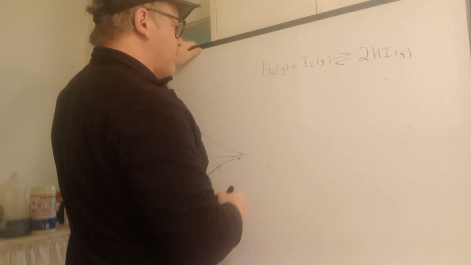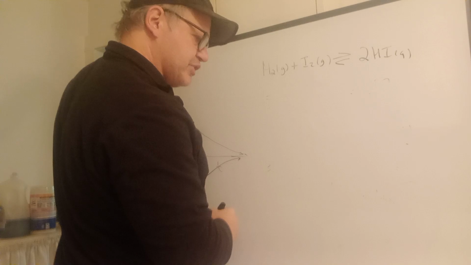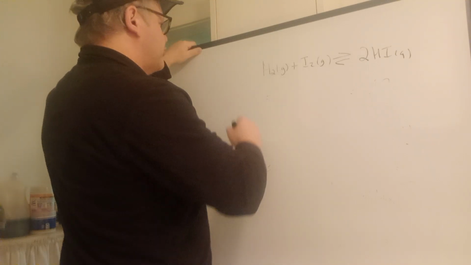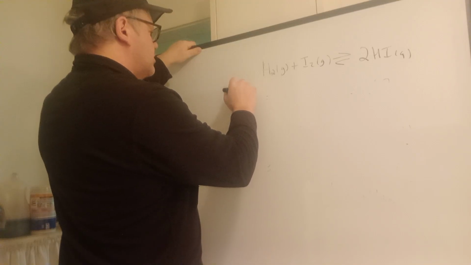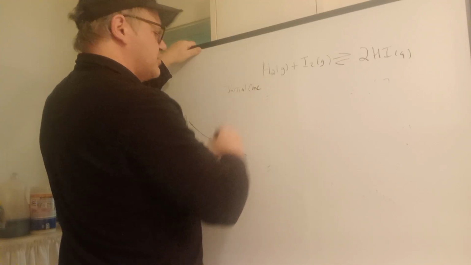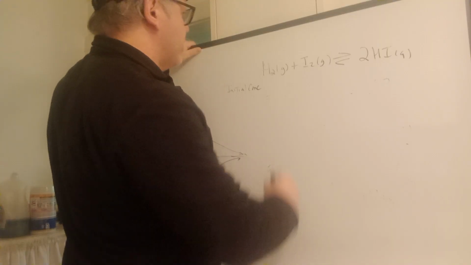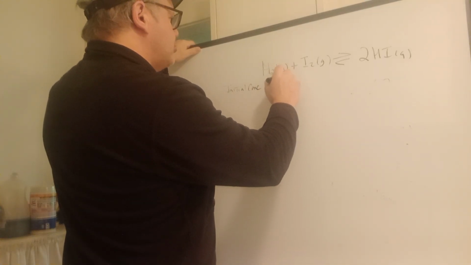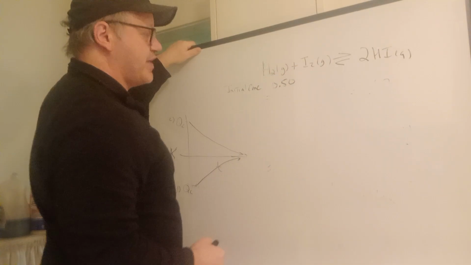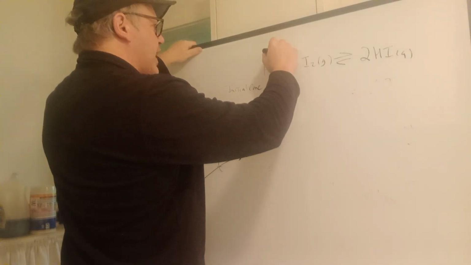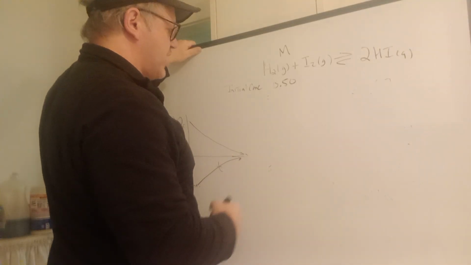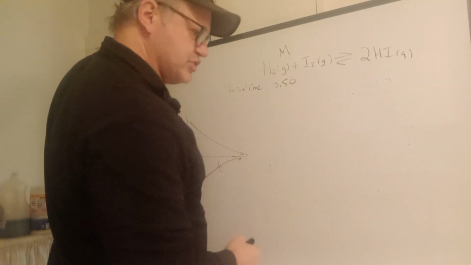And what we do is we're preparing the system with certain initial concentrations. So I'll just say here we have initial concentrations. We can do this in the gas phase, in partial pressures or molarity. I'll choose to do it in molarities. So we'll use the Kc's, which is just a notational issue.